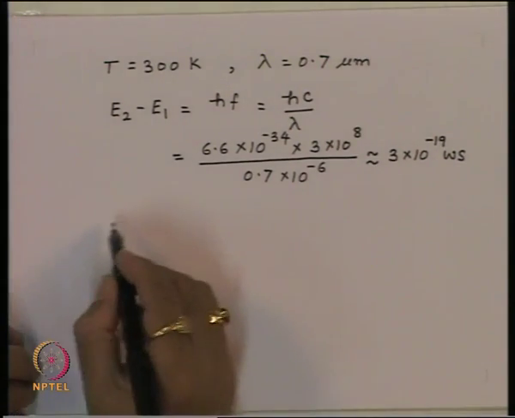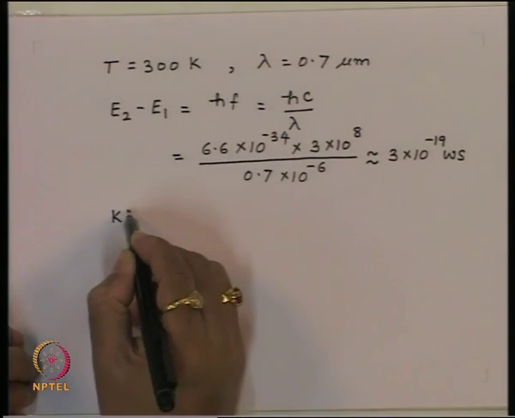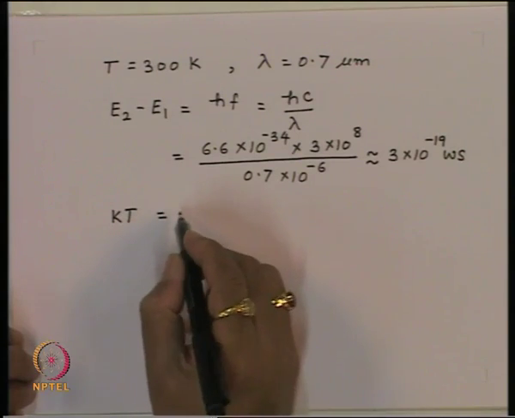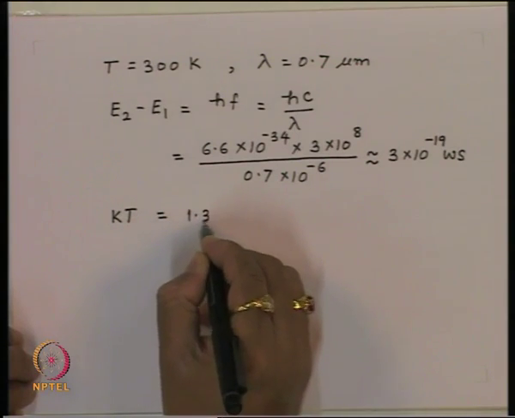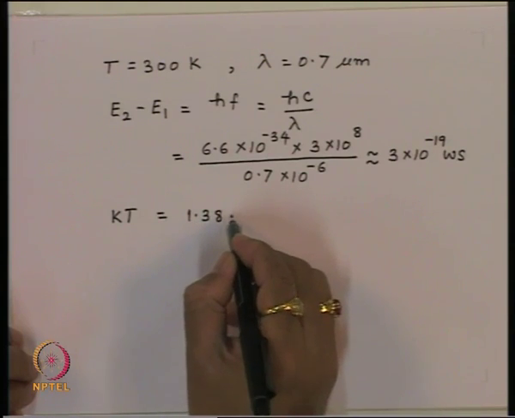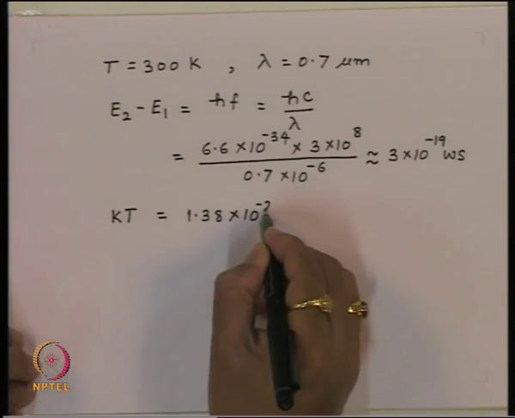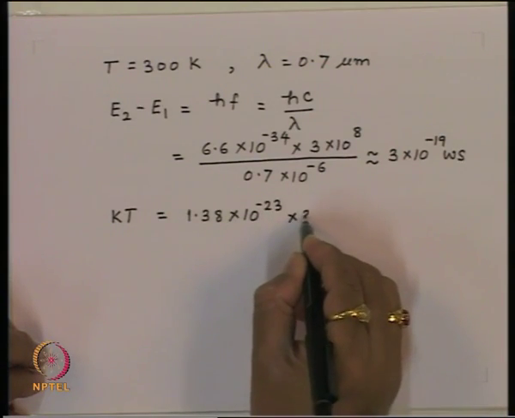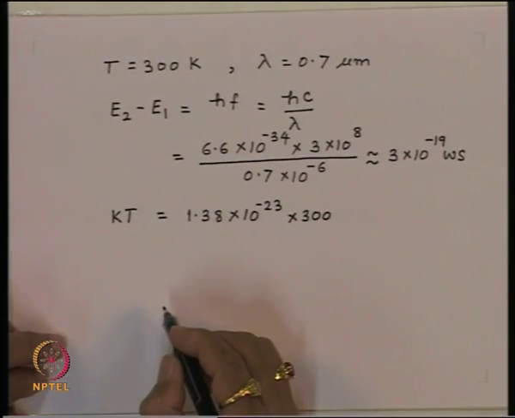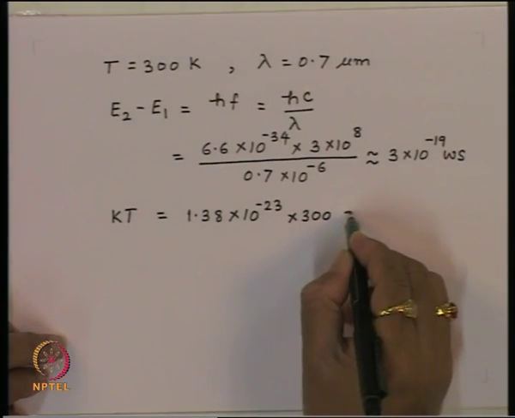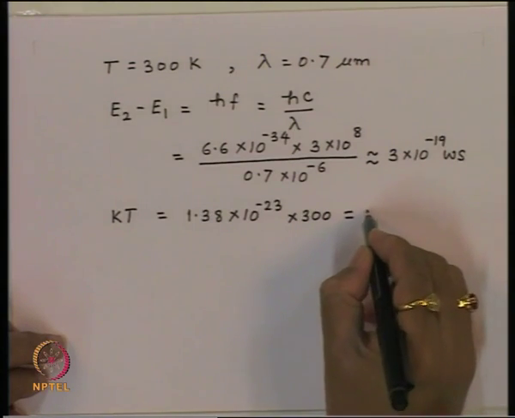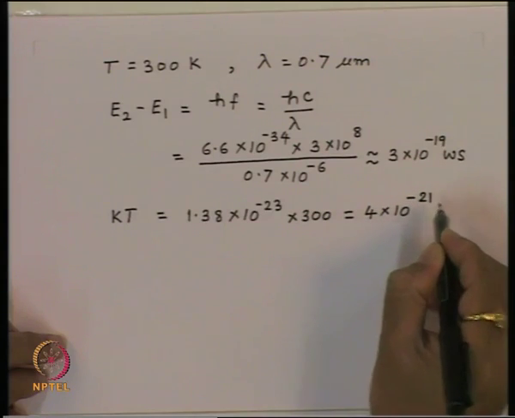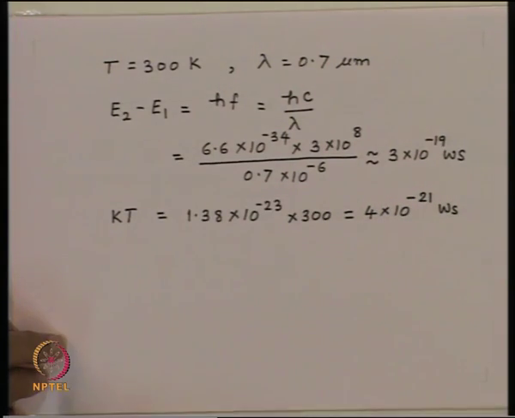We can calculate the thermal energy, which is kT. The Boltzmann constant is 1.38 into 10 to the power minus 23 multiplied by temperature, which is 300. That is approximately equal to 4 into 10 to the power minus 21 watt seconds.